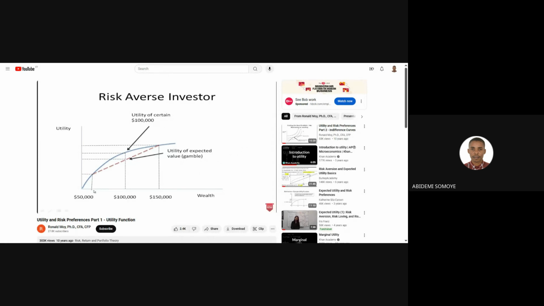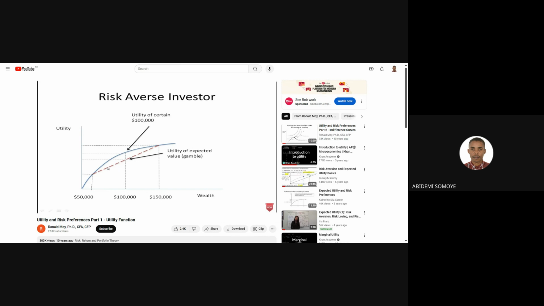That is, the first $50,000 increase, or the increase from 50 to 100, gave them a greater jump in satisfaction than going from 100 to 150. Now, I've put in these numbers 50, 100, and 150 because they represent the gamble and the expected value of the gamble.